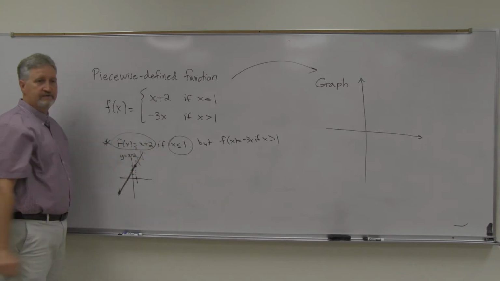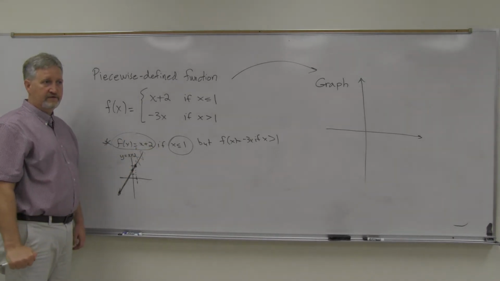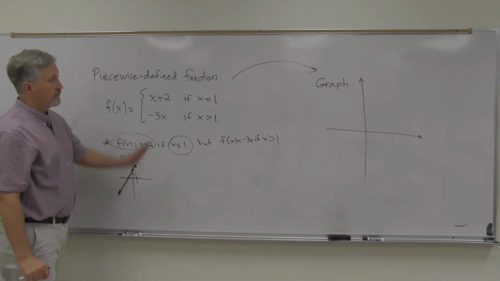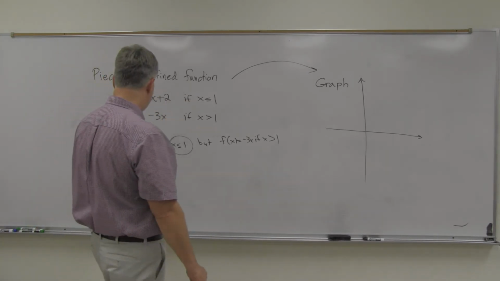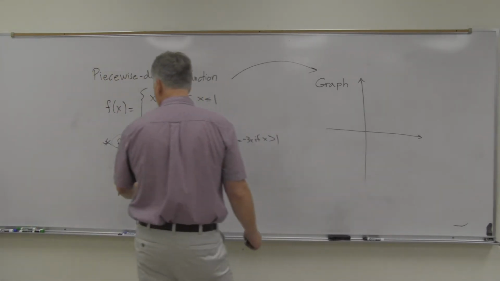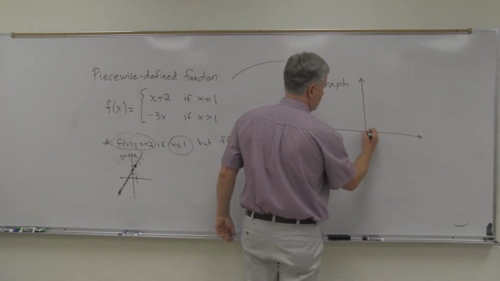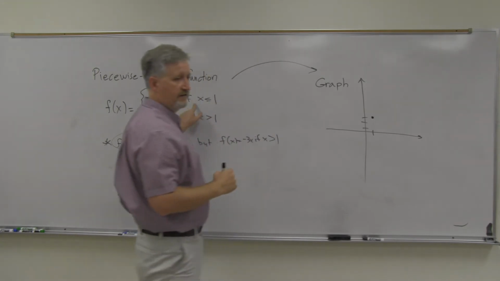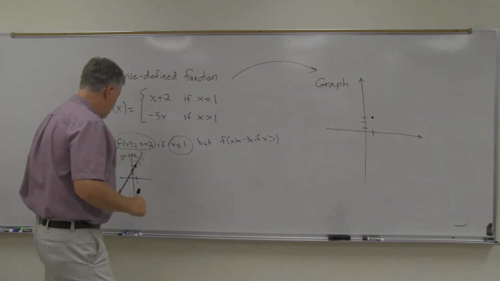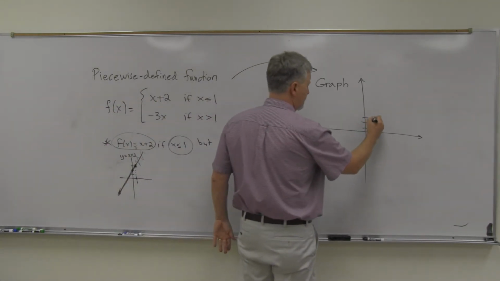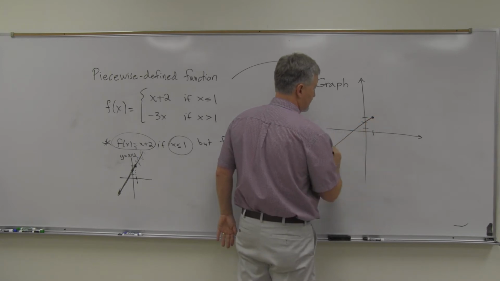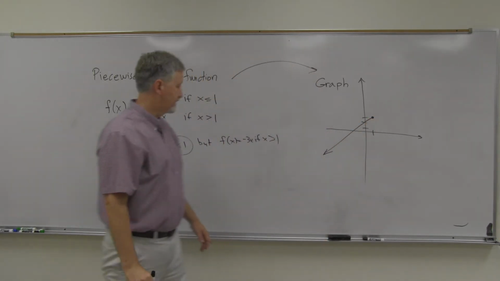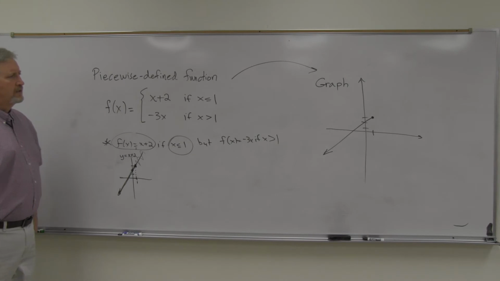This out here doesn't really count for this graph. You with me? So when I graph this function, that's all I'm going to put on it. What is that point? 1, 3. At 1, 3, I'm going to start this piece of the graph, and then it goes down backwards, and it goes through 0, 2.